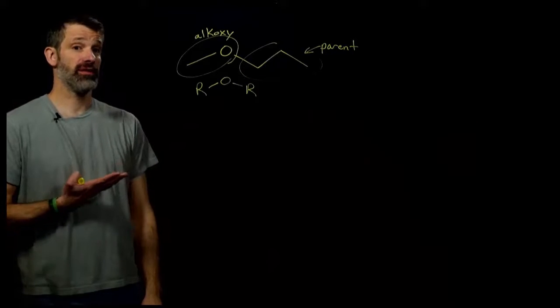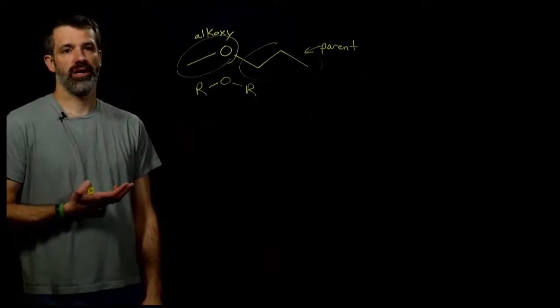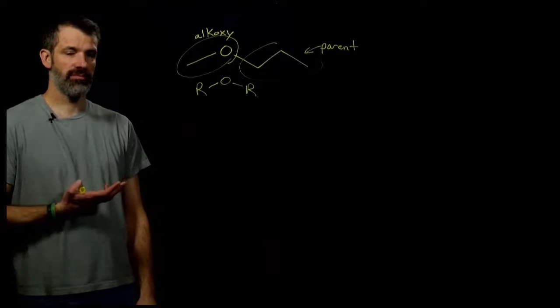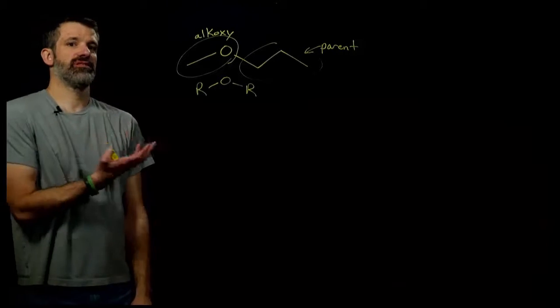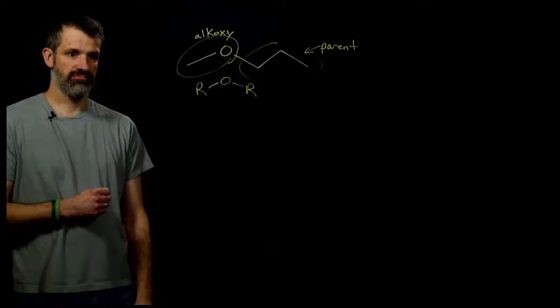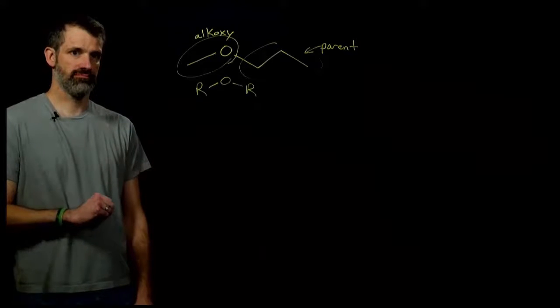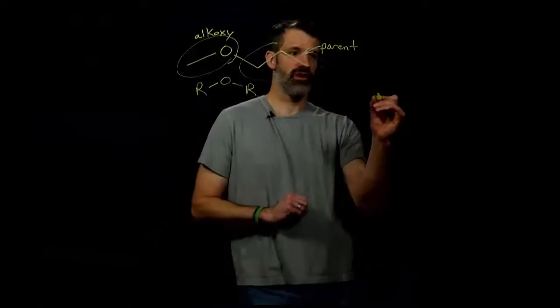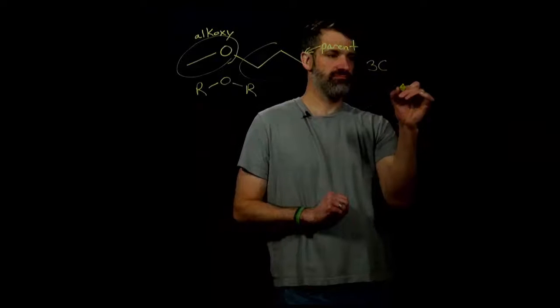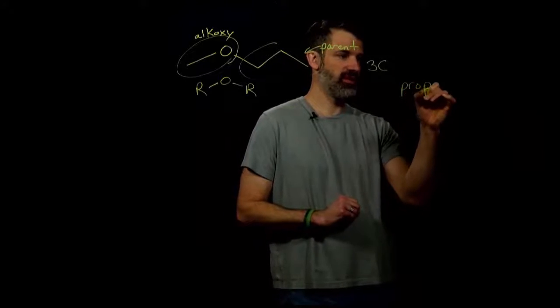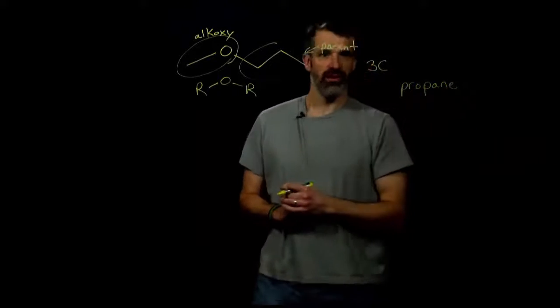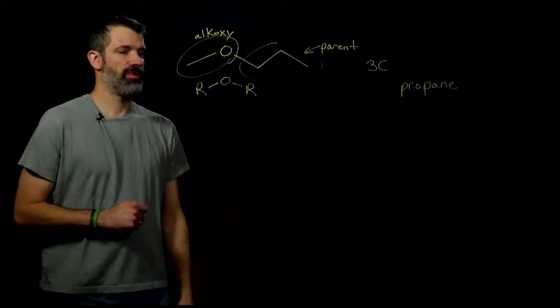So the parent name on an ether compound is the same as an alkane. It ends in -ane, 3 carbons. So the parent name for this compound is going to be propane.